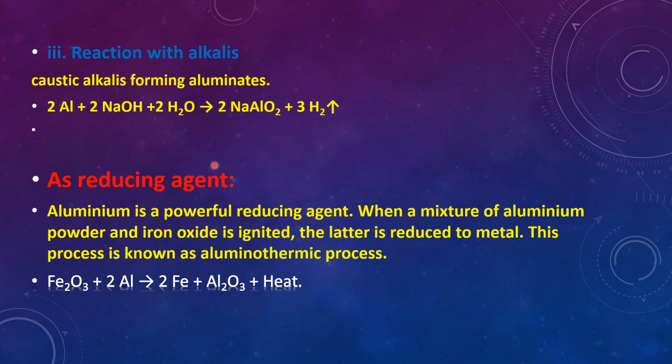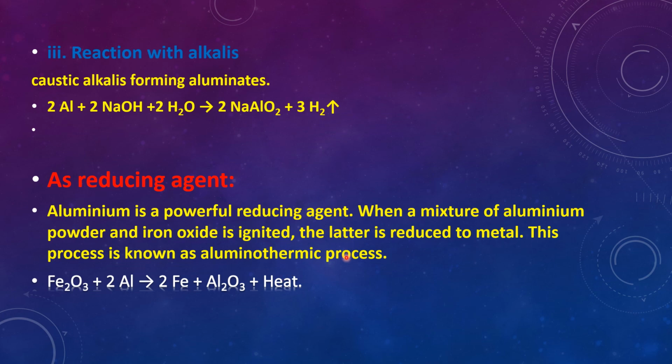Aluminium is used as a reducing agent. Aluminium is a powerful reducing agent: when a mixture of aluminium powder and iron oxide is ignited, it reduces to the metal. This is known as the aluminothermic process. This is an important question.